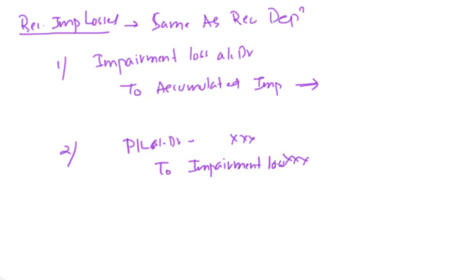So in a nutshell, we looked at six major journal entries. The first is in respect of acquisition of PP&E. Then we discussed the journal entry for recording depreciation expense. After that, we moved into two different phases of revaluation. In one case, we discussed the revaluation gain.